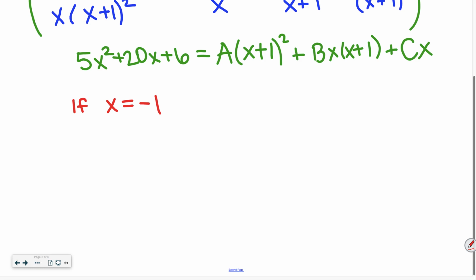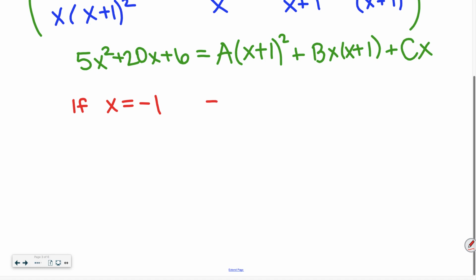Do you agree? Okay. So now, are we capable of doing some mental math? Yeah. Okay, so I'm going to save us some pencil lead here. 5 times negative 1 squared is just positive 5. Minus 20 plus 6.